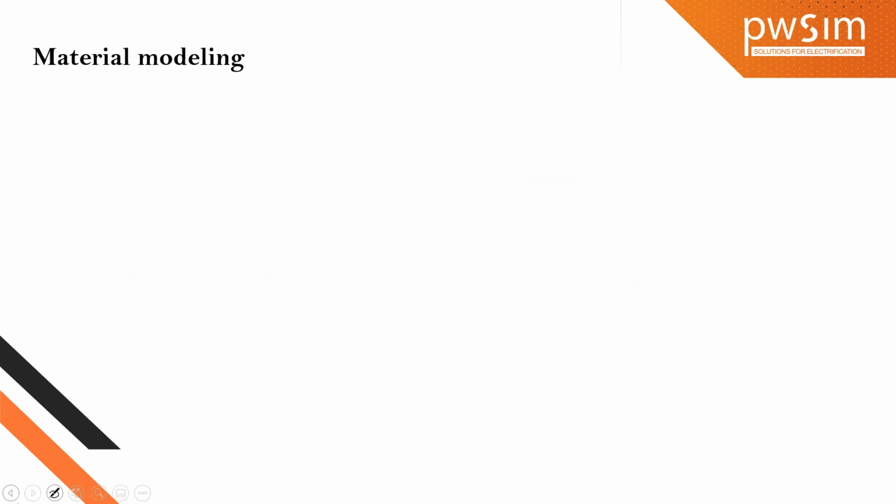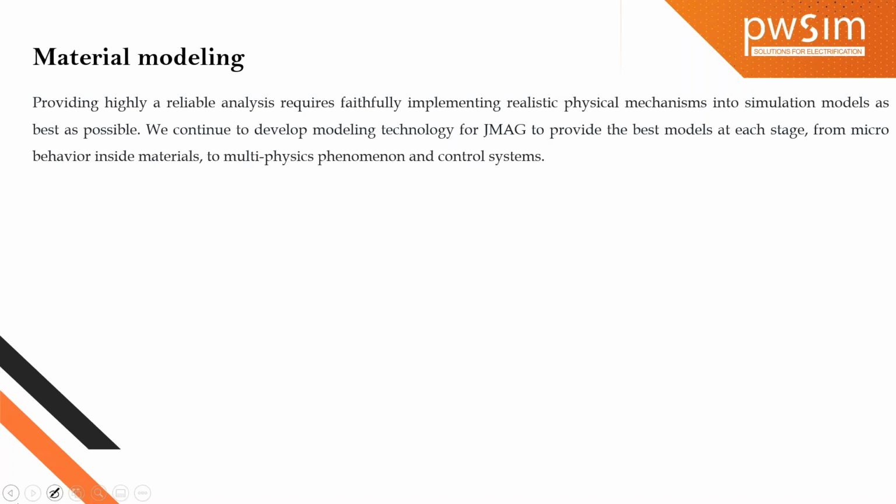So apart from creating coil geometry, we have a material modeling technology in JMAG, providing highly reliable analysis systems, safely implementing realistic physical mechanisms as best as possible, because material modeling is used to calculate the magnetic performance of electric devices.